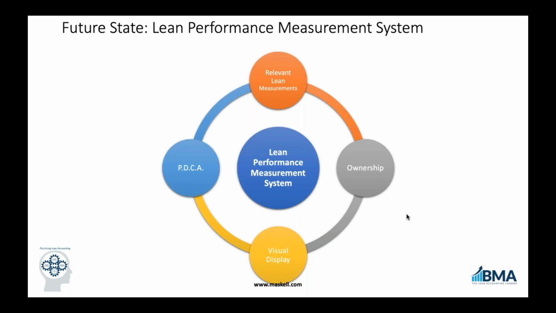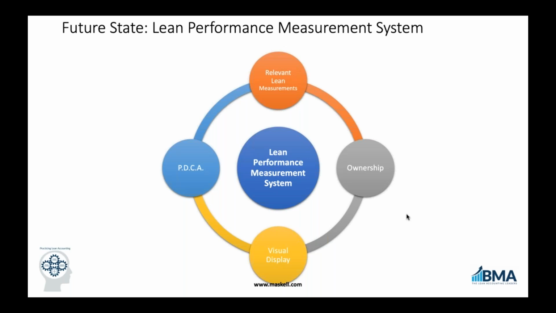And finally, the primary purpose of a lean performance measurement system is to understand problems and issues and drive improvement.